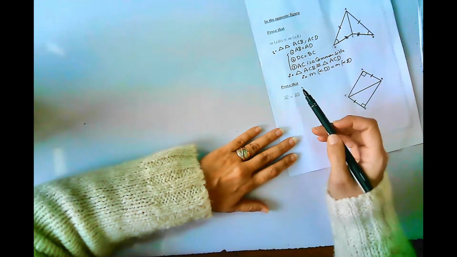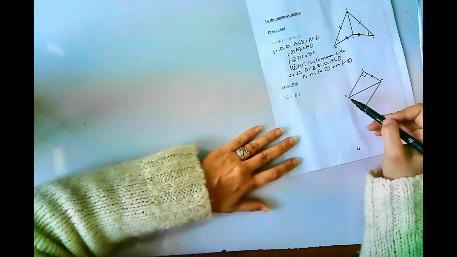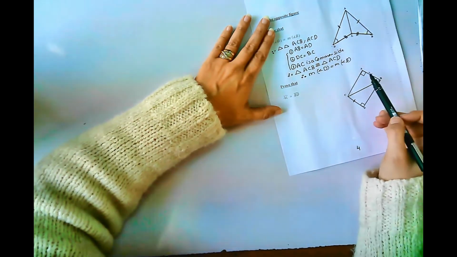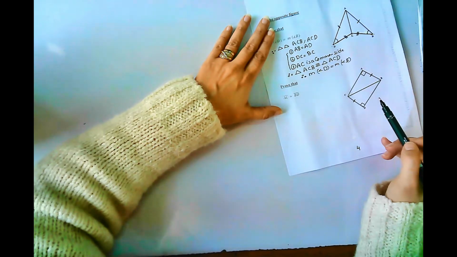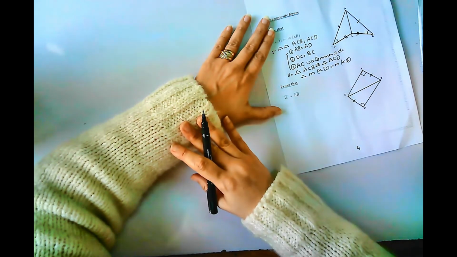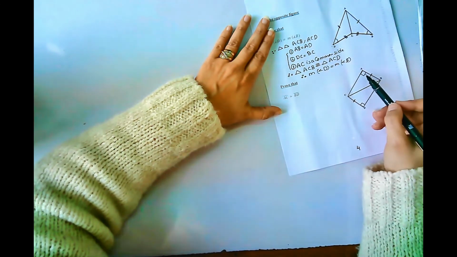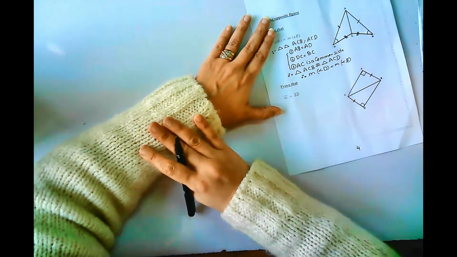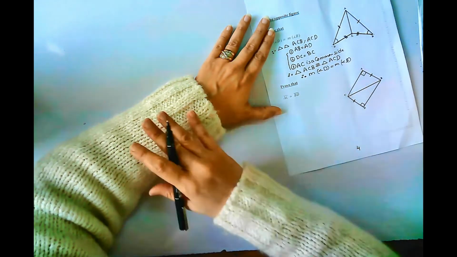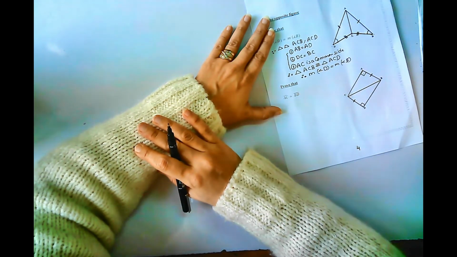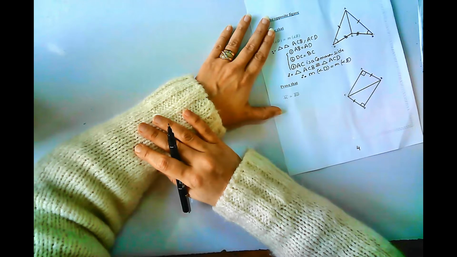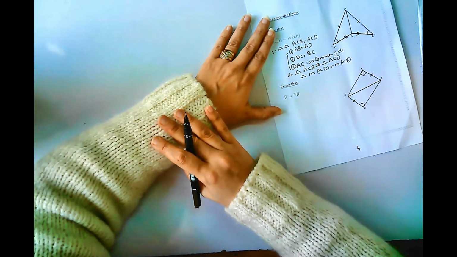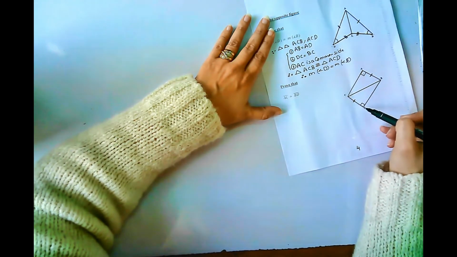Another one, prove that AC equals DB. We have two triangles again. Since AB equals DC, and the measure of angle A equals the measure of angle D, which is 90 degrees, and CB is a common side or common hypotenuse, then triangle BAC is congruent with triangle BDC.